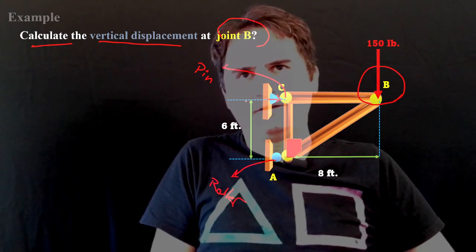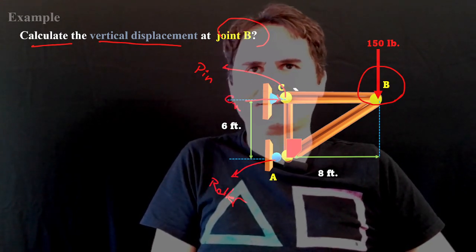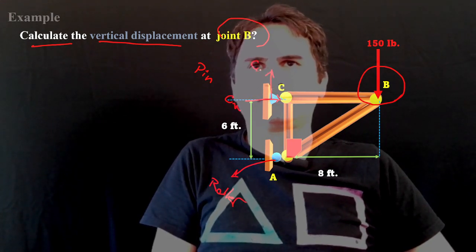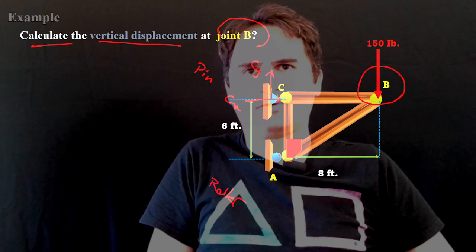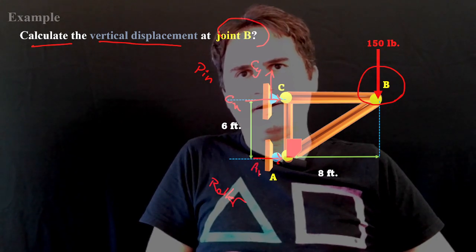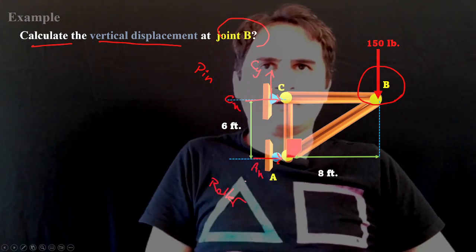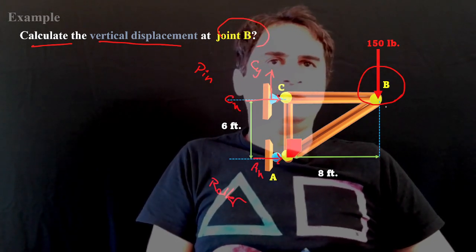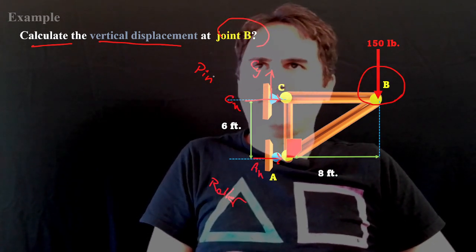So definitely we have Cx, Cy, and for the roller we just have Ax.